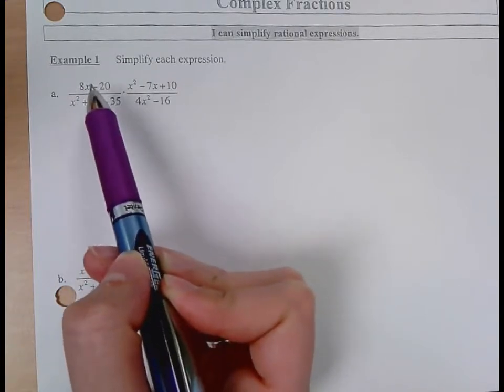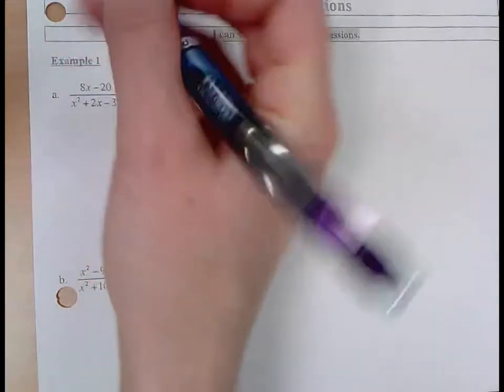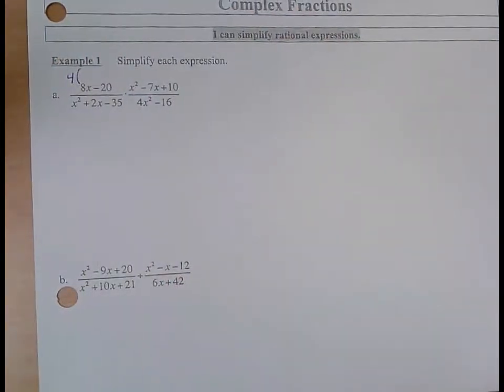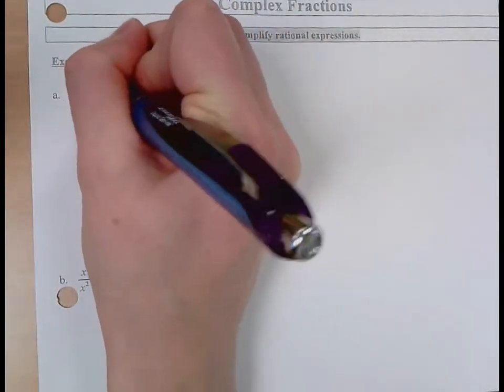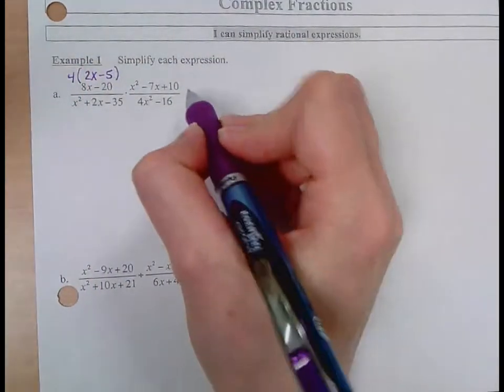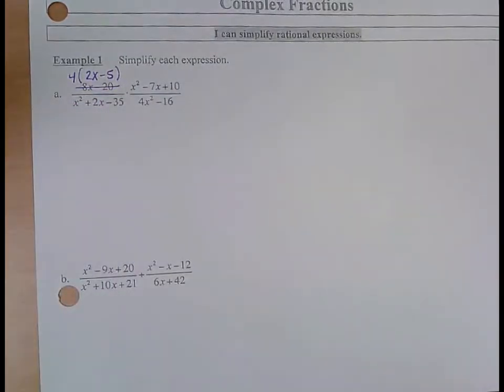The top is not, though. How could we factor the top? Cora? Yes, there's a GCF of 4. So we could take out a 4, and we'd have 4 times the quantity 2x minus 5. I'm just going to cross out the 8x minus 20, so we have the factored form written there.